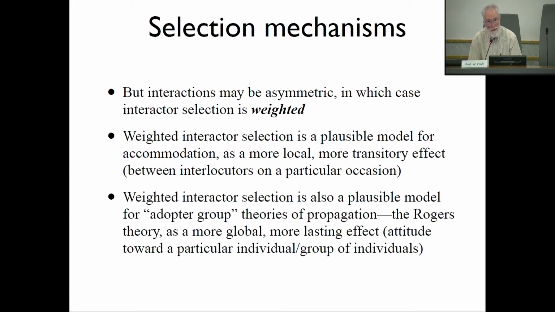However, there's also a theory that has been advocated by a number of sociolinguists for what I call in general adopter group theories of propagation. It's a theory associated with a sociologist named Rogers, someone who was looking at technological innovation across societies.